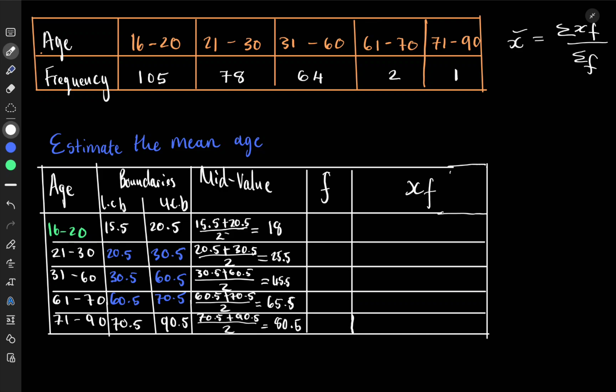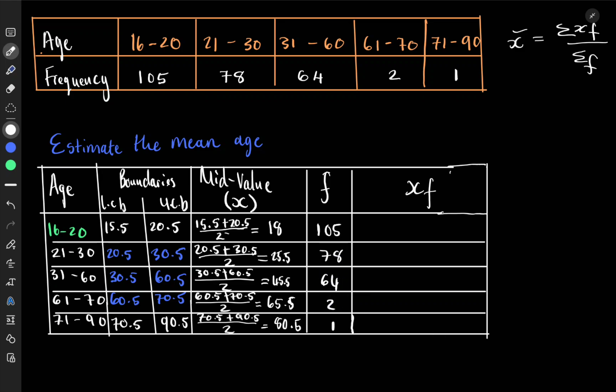These are my values. Then what do I do? I found my mid value, which is going to be my x. X is the mid value, not the age, but the mid value. So now I'm going to put the frequency. 105 is for the first one, 78 for the second one, 64 for the other one, 2, then 1.